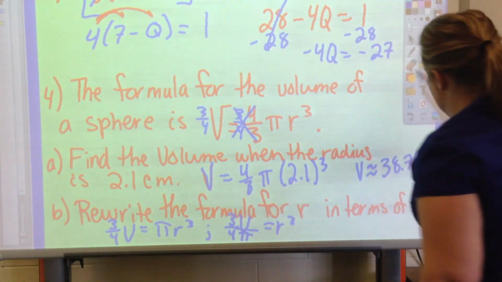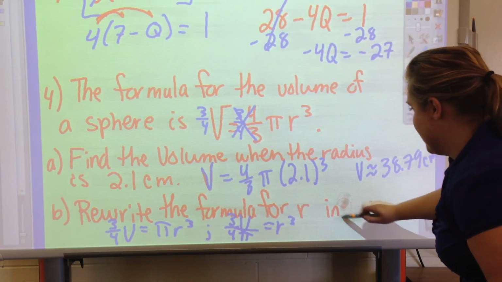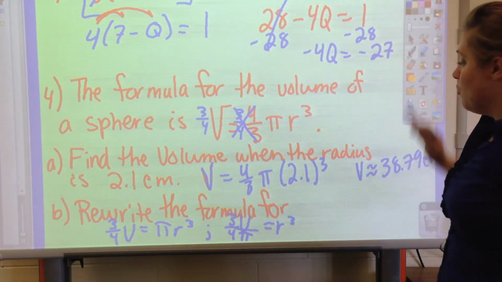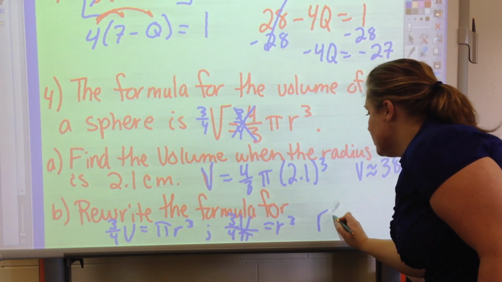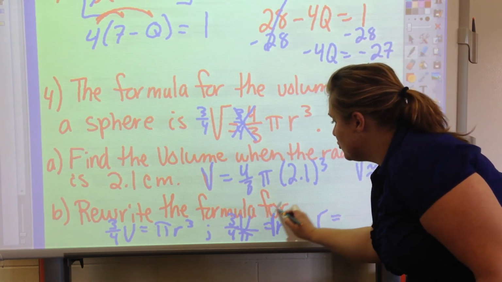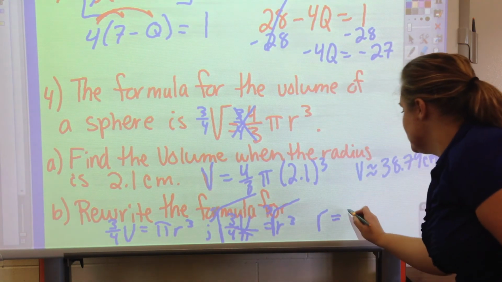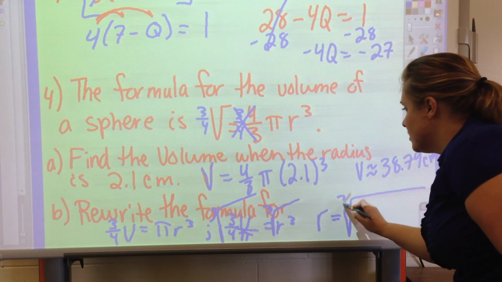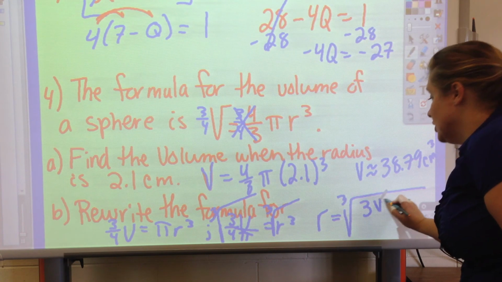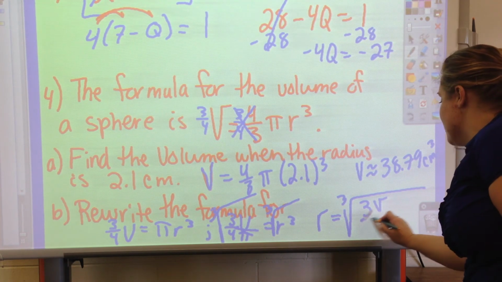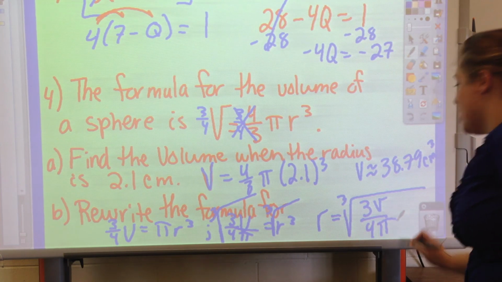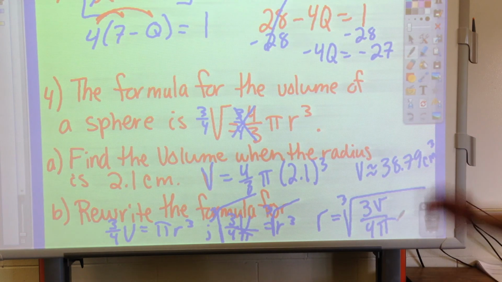Now, I'm running out of space, so I'm going to rewrite my equation here. Remember, I want to get r all alone, and so now I'm going to take the cube root of both sides. And I should end up with the cube root of 3V still in my numerator, and 4 pi in my denominator.